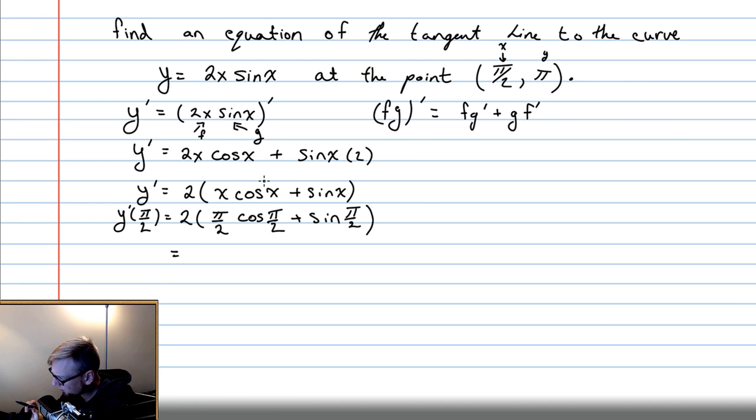Cos of pi over 2, we remember the unit circle, and cos would be like our x-axis. Sine x would be like our y-axis. Pi over 2 is up here, which is like our 90 degrees. So cos of pi over 2 is 0.